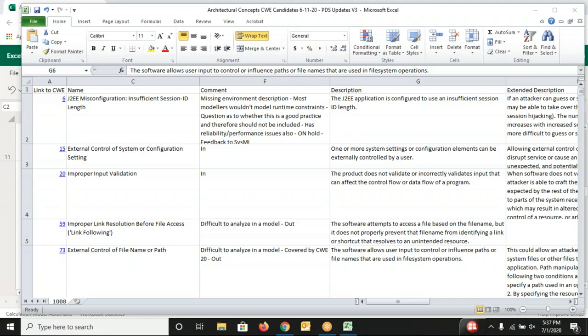So that leads us to ask the question about an analysis of the model that tells us something about weaknesses in the requirements.